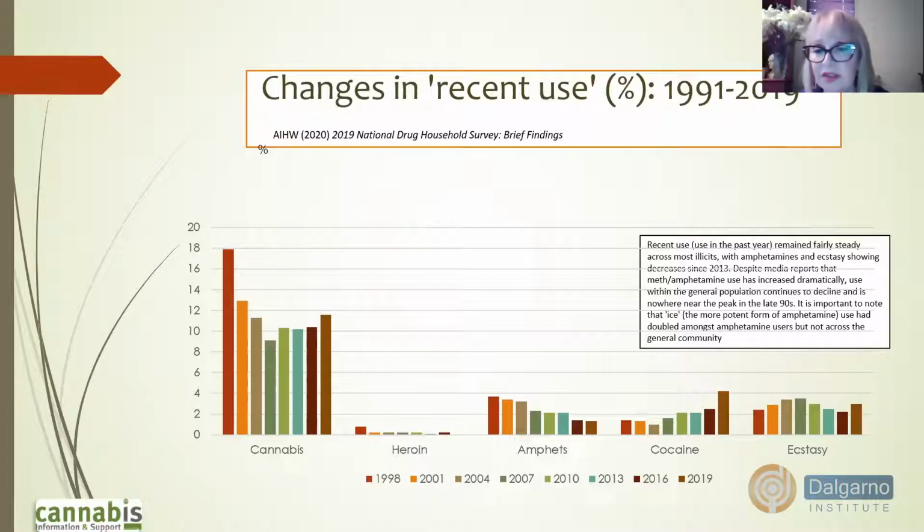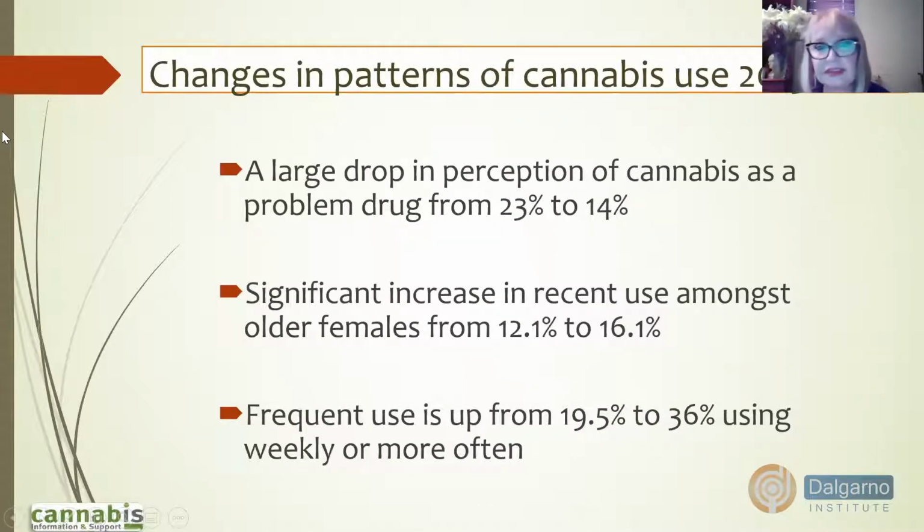We've seen a very concerning increase with cocaine and ecstasy as well, as the environment becomes more permissive around drugs. But amongst amphetamines, which have been such a cause of concern because of the change from powder to crystal, fortunately, we have not seen an increase in amphetamine use. So that is one of the pleasing aspects of these data.